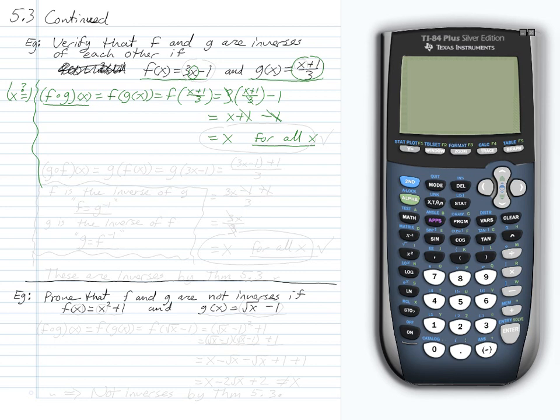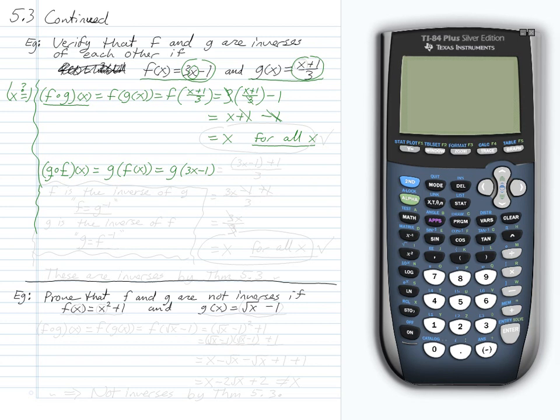Okay, now we're not quite done. These are only inverses of each other if this works going both ways. So now let's evaluate g composed with f of x, and this time this means we're going to plug f into g, so g is our outer function, and we'll plug f into it, so now we're going to plug 3x minus 1 into g.